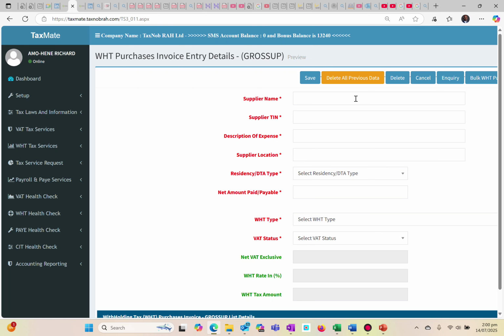So if it has a VAT element, then we have to understand that withholding tax does not affect VAT. So if the amount that you paid contains a VAT element, then you need to strip that 10,000 off the VAT element. Let me just hypothetically say, assuming it is 10,000 and VAT is 1,000, then the nominal amount that you are paying to the vendor without the VAT is actually 9,000.